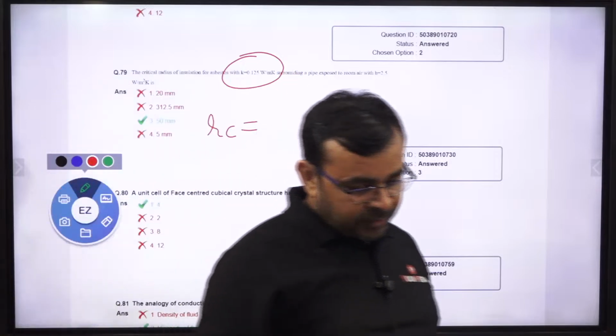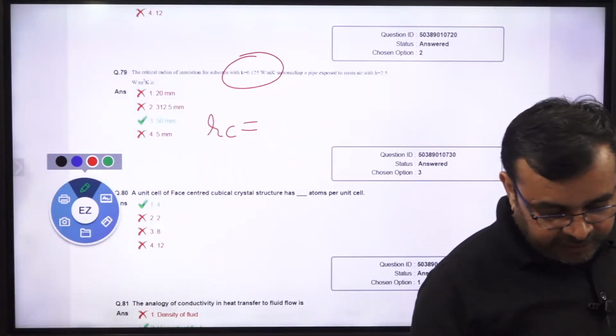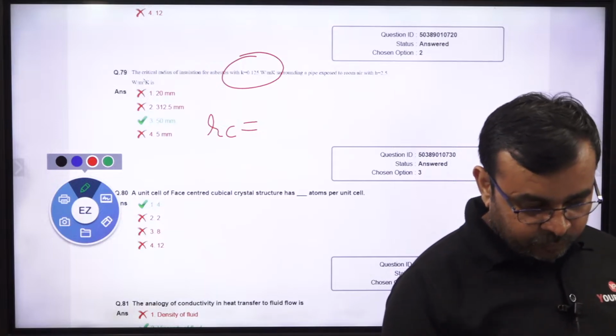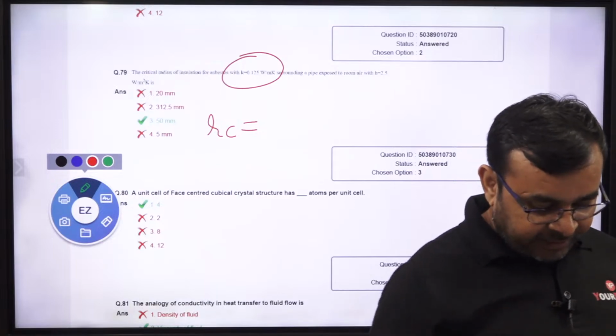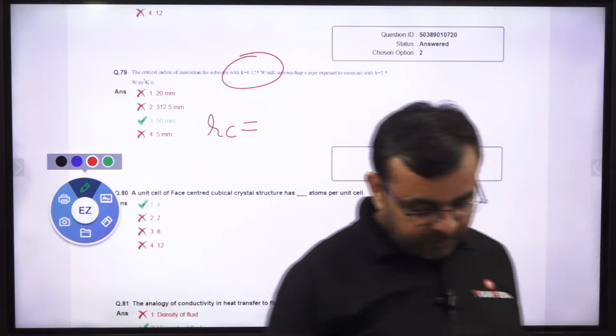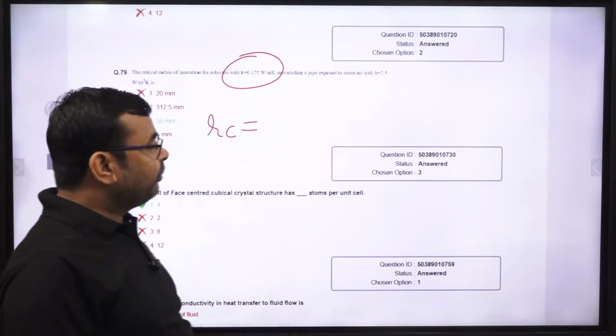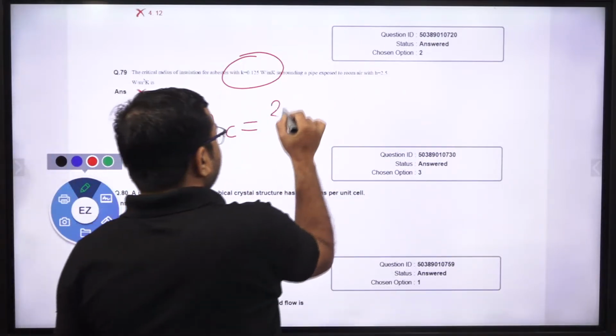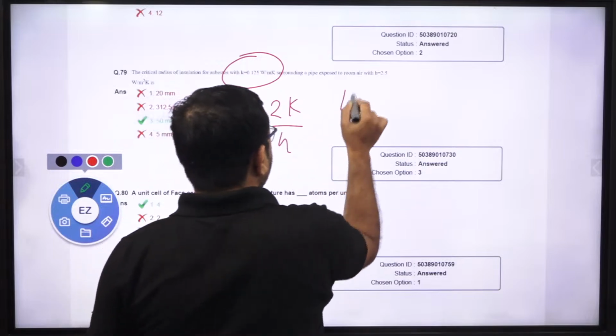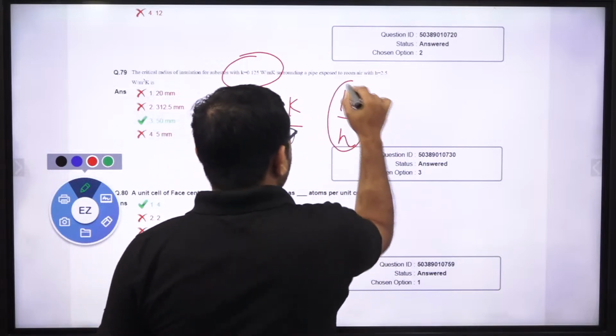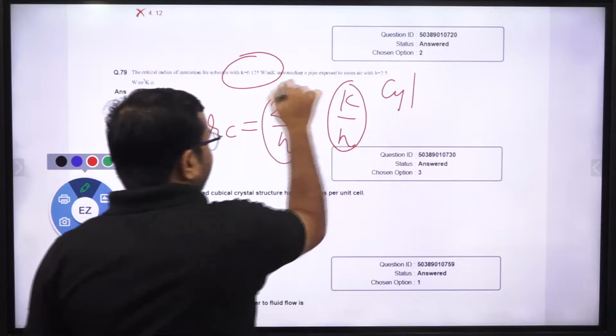Actually, we have two relations, 2K by H and K by H. One is applicable for cylinder and the other is applicable for sphere.